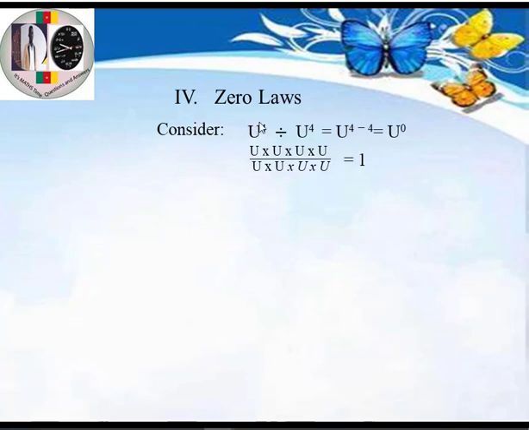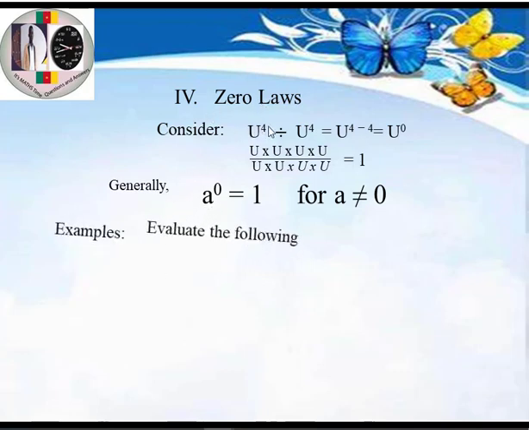So if we accept that these two results are the same, we can say there is another law called the zero law, which says that anything raised to the power 0 is 1. So a raised to the power 0 is 1. But if a is 0, 0 raised to the power 0 is not 1. So if a is not 0, anything apart from 0 raised to the power 0 is considered as 1, and that law is what we call the zero law.